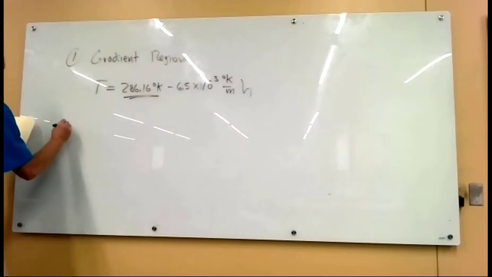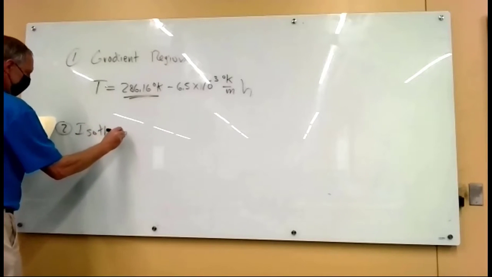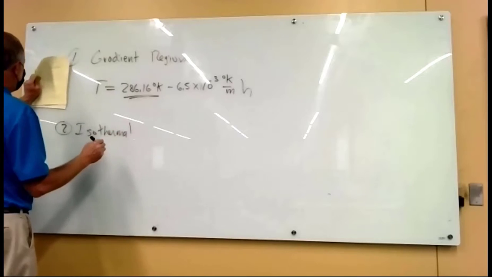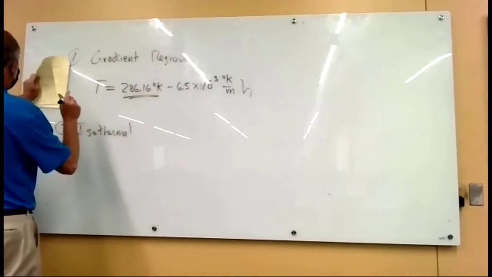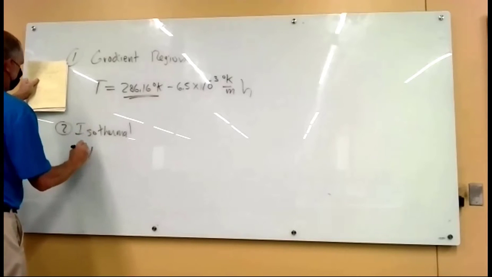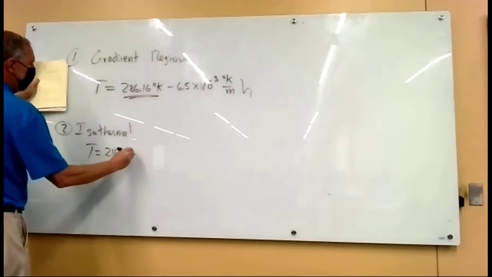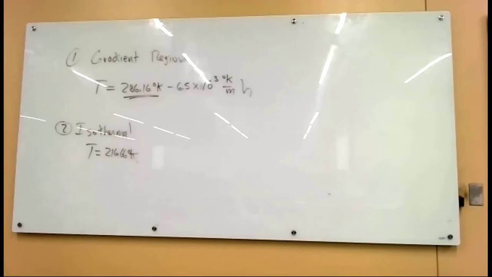And then in the isothermal, like in the tropopause, the temperature is just constant at that value. So then you can see that from the chart.